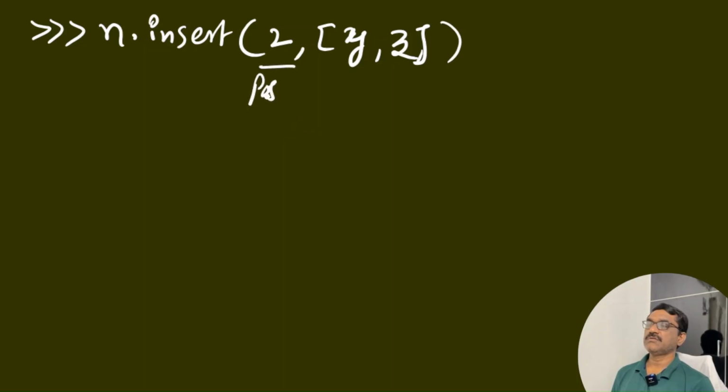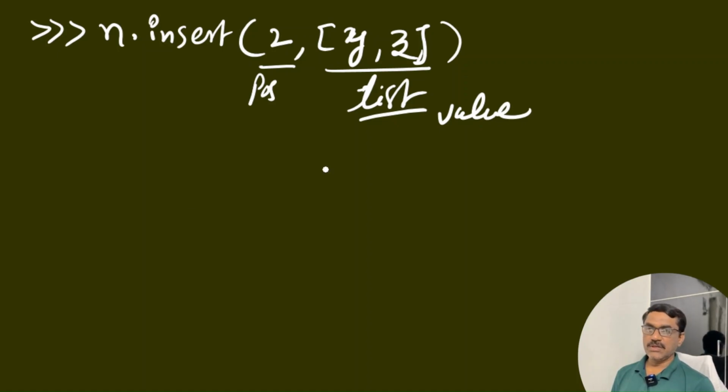This is the position, and the value we are going to insert here is a list. Not only an ordinary value, you can also insert a list as a data item into the list n.